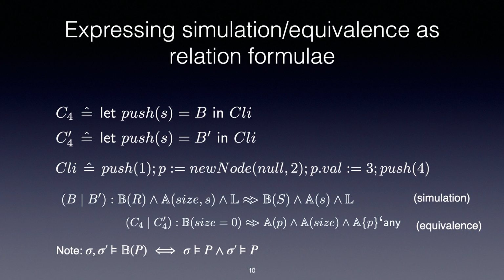So there is agreement on p, agreement on size, and agreement on p image any, that is agreement on all fields of all objects represented by p. So that's the notion of equivalence. These are given as relational formulas, and we can prove these using a program logic.